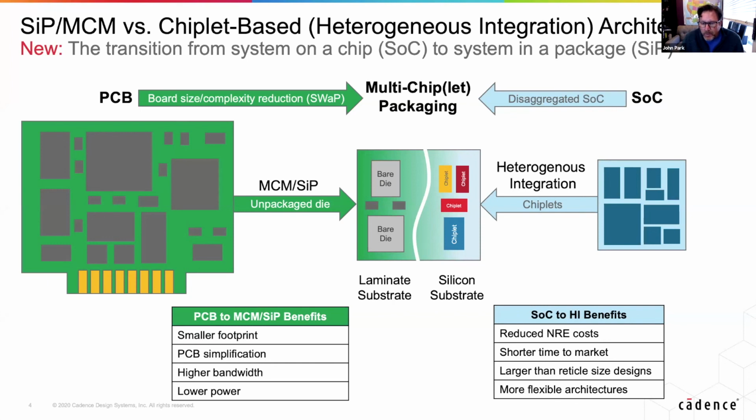We're going to talk a little more about the details, but from a high-level definition, this is how I think is a reasonable way to define things. Taking a board and converting it into a package is system in package, and taking a monolithic SoC and building some sort of package out of that is how the term heterogeneous integration is being used today.